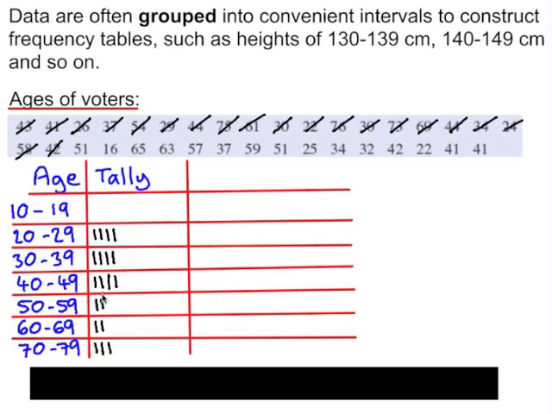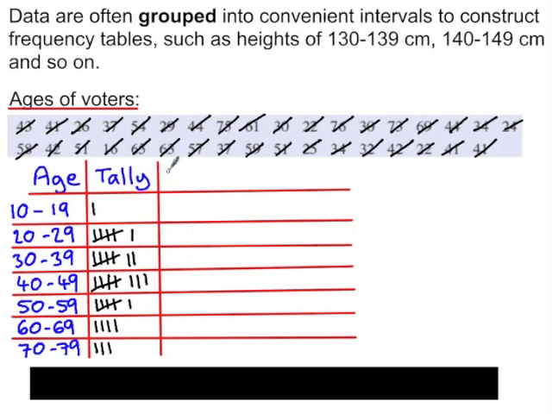As we reach the 5th score in a category, we cross the previous 4 to make a gate. And then the final column in a frequency table is called frequency, and it's where we convert the tallies into numerical frequencies.